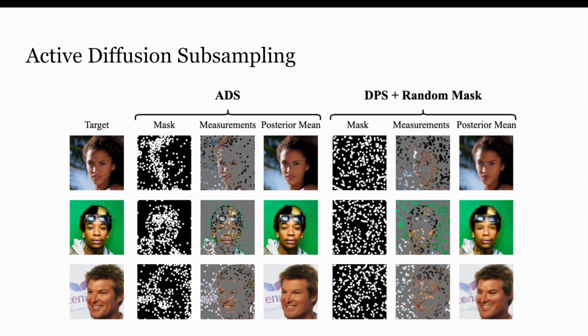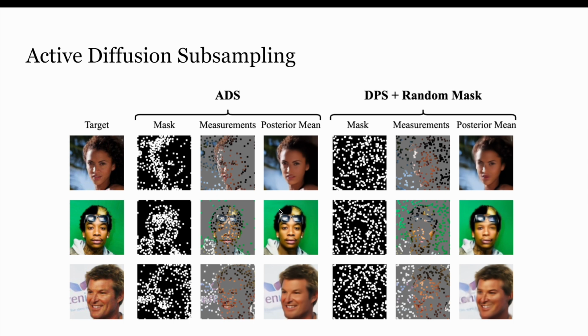Here are then some results, comparing ADS, which is designing clever sampling masks on the left. You can see that the sampling masks identify informative regions that correspond with the structure of the image, in particular areas of fine detail or distinction that might be important for ensuring good reconstruction accuracy.